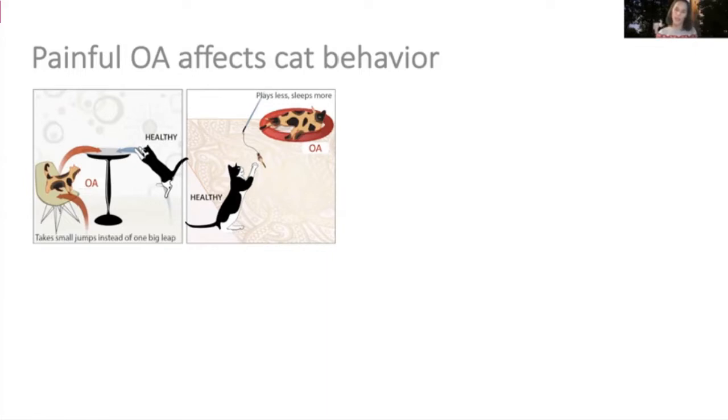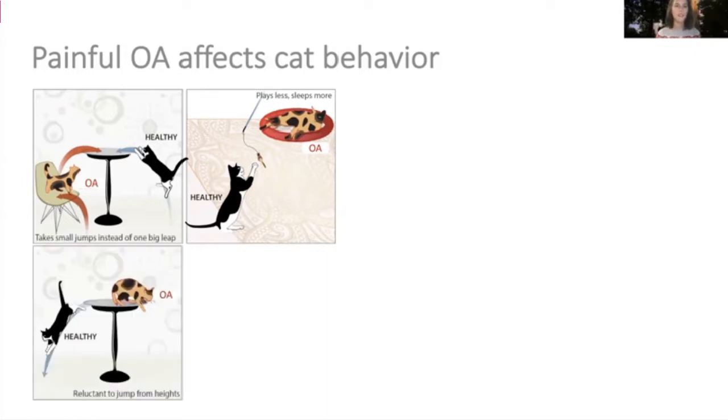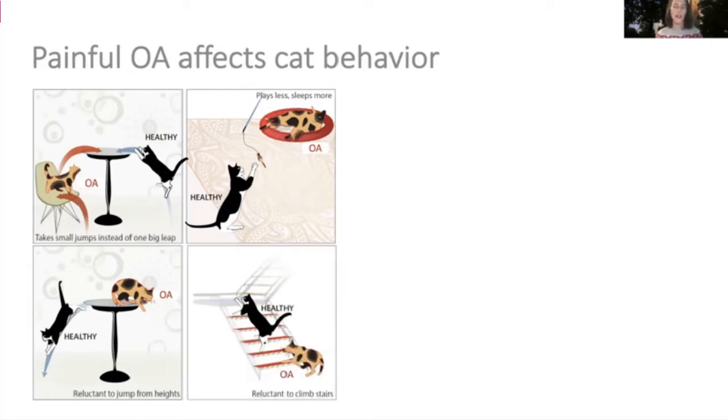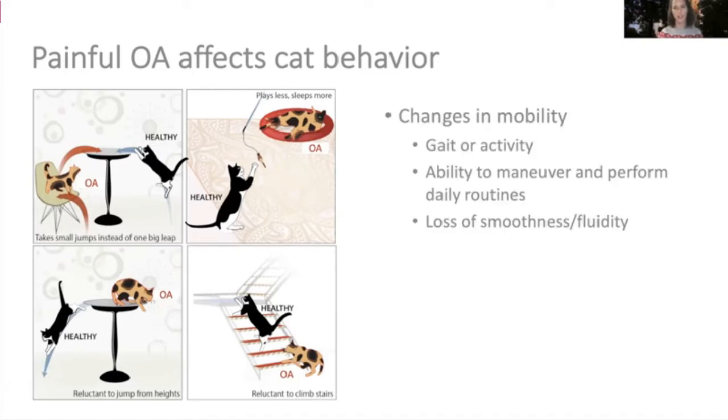They lay on their side while they play. Jumping down changes, so they may be more hesitant to jump down from heights. They may reach way down. They may make smaller jumps down rather than one single jump down and out. And then we'll see changes in how they go upstairs. Again, these are pretty classic changes that we and our owners can be looking for in their cats.